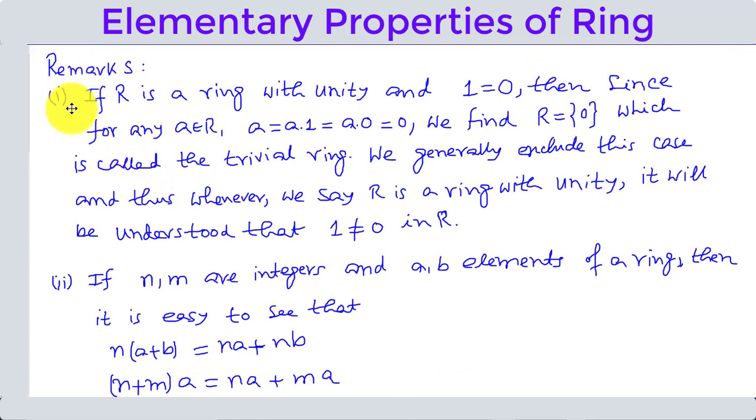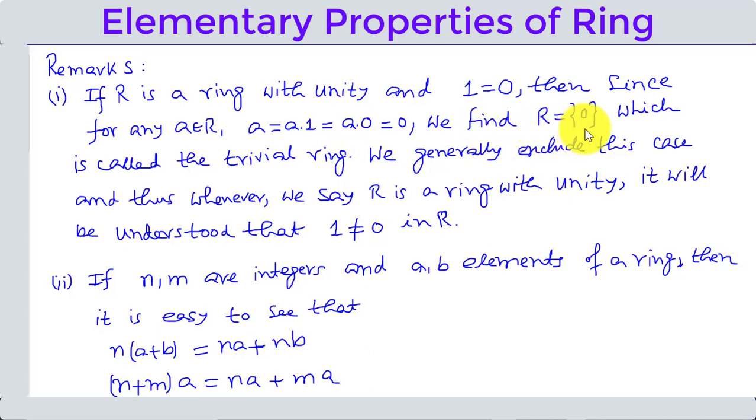Remarks. 1. If R is a ring with unity and 1 = 0, then for any a belonging to R, a = a·1 = a·0 = 0.